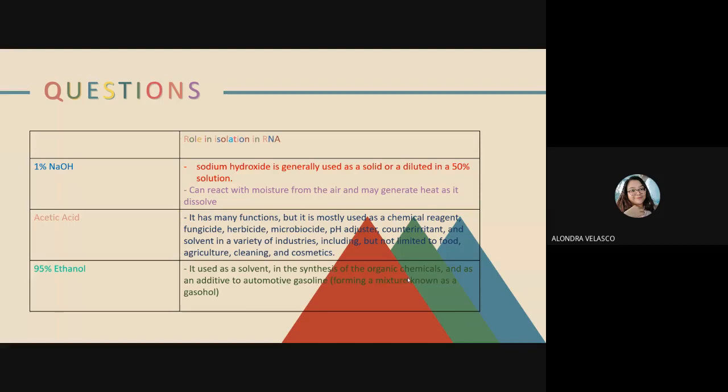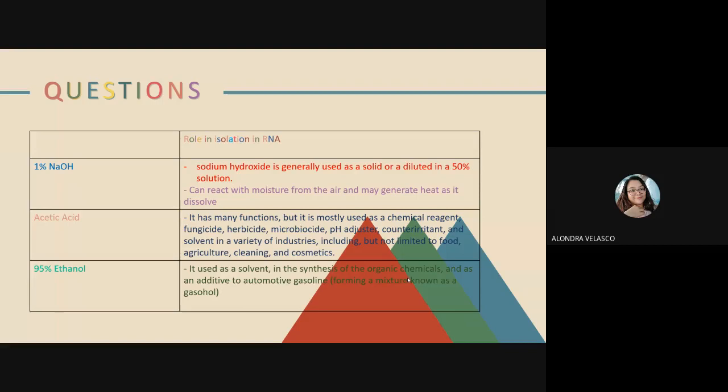A salt, ester, or alcohol of acetic acid is called acetate. It has many functions, but it is mostly used as a chemical reagent, fungicide, herbicide, microbiocide, pH adjuster, counter-irritant, and solvent in a variety of industries, including but not limited to food, agriculture, cleaning, and cosmetics.